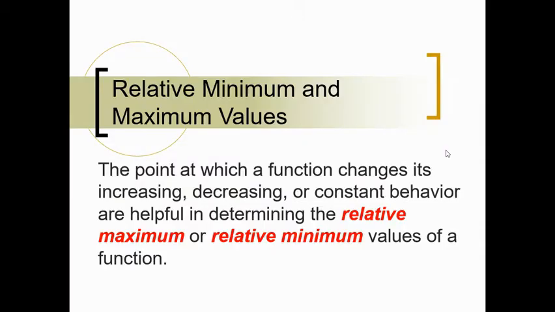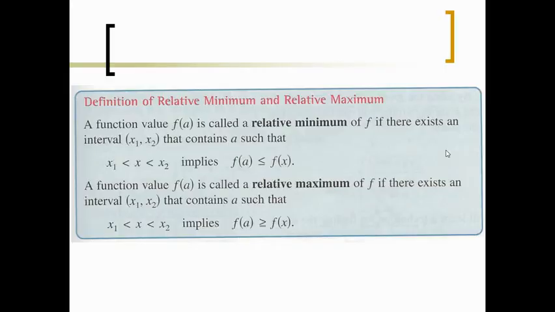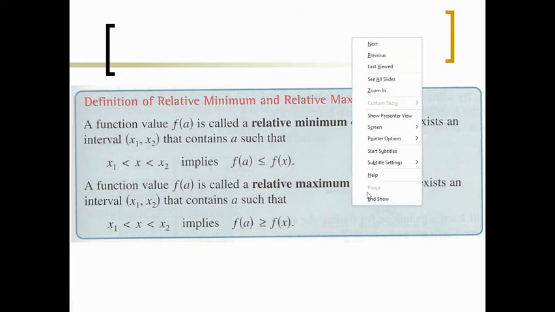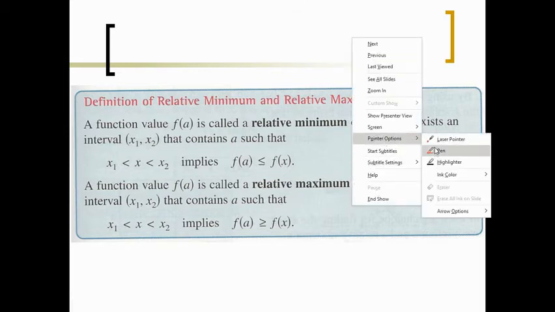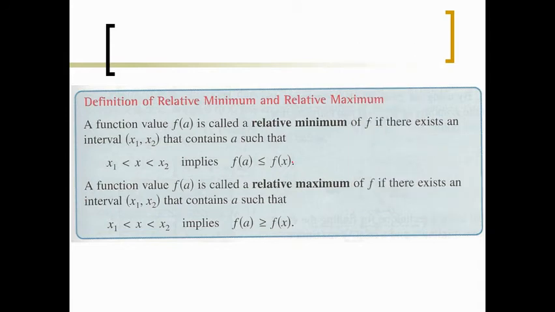Relative minimum and maximum values, the point at which a function changes its increasing, decreasing, or constant behavior, are helpful in determining the relative maximum or relative minimum values of a function. Notice that when you look at what I call the mathese, the math language here, we are looking at the same interval, okay?